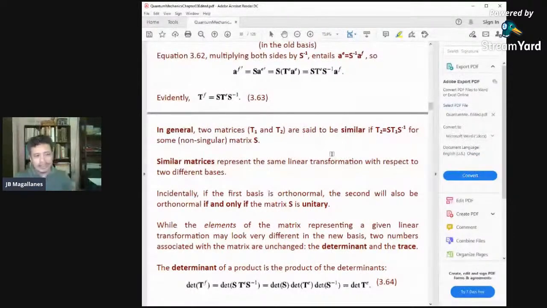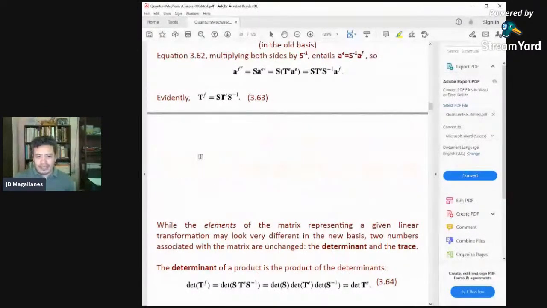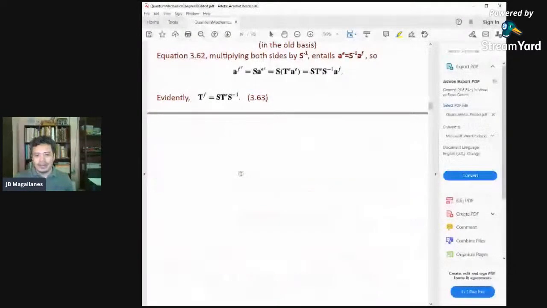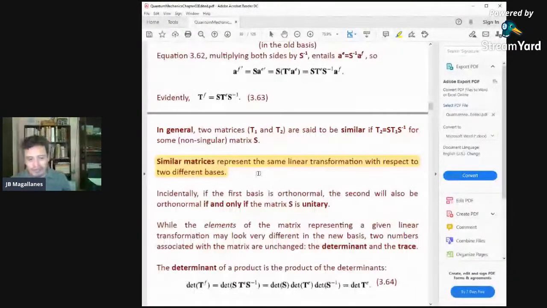So in higher dimensions, you have to think similar to the 3 dimensional vectors so as to understand what a basis is. Similar matrices are those matrices that represent the same linear transformation with respect to two different bases.